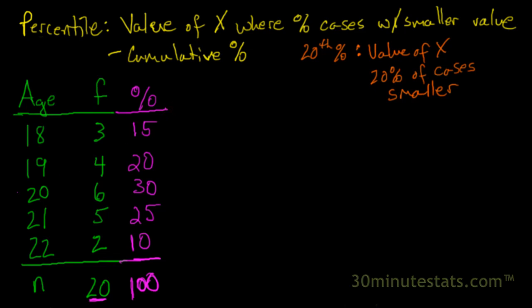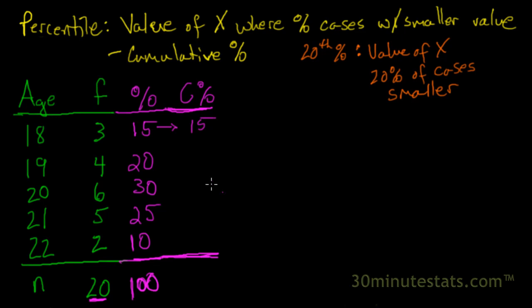Now we'll come forward here and calculate a cumulative percentage category. And the cumulative percentages can be calculated in this way. We'll begin with our first category with the lowest value for age, which is 18, and we'll move our percentage over here.